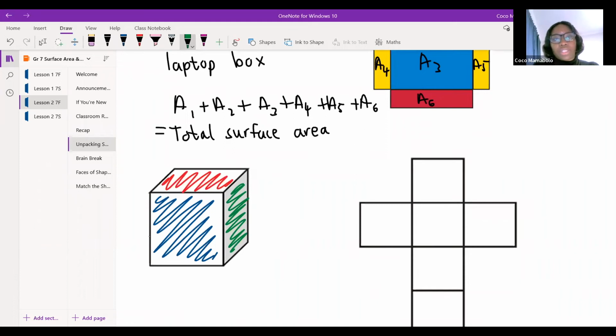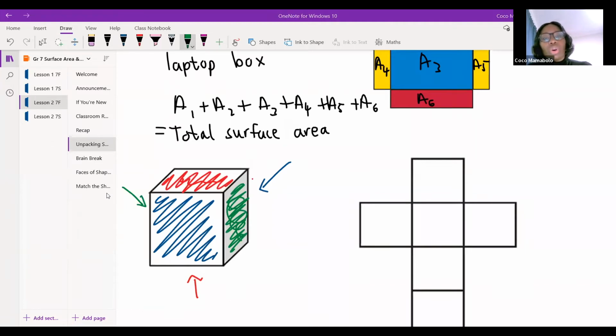If this is the top of my shape, there's also a bottom part. And if this is the front of my shape, there's another side at the back. And if this is the right-hand side, there's also a left-hand side on this side over here.